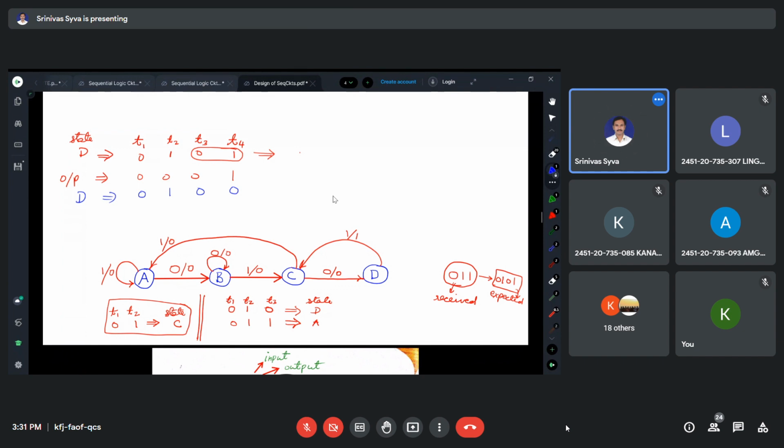The possibility of completing the sequence is again ruled out. But now this may be the first bit of the expected pattern. So after receiving 0, the machine should go to B. So the machine will move from D to B. Okay, transition.